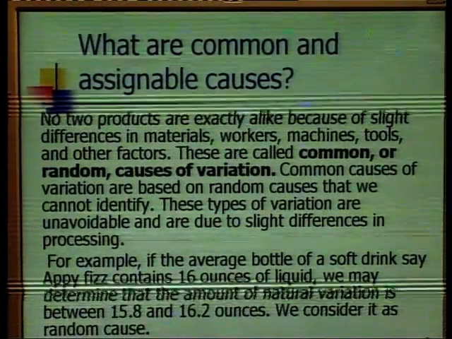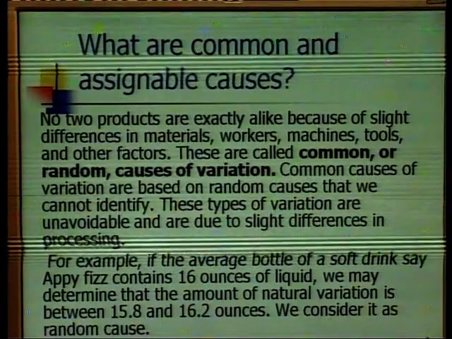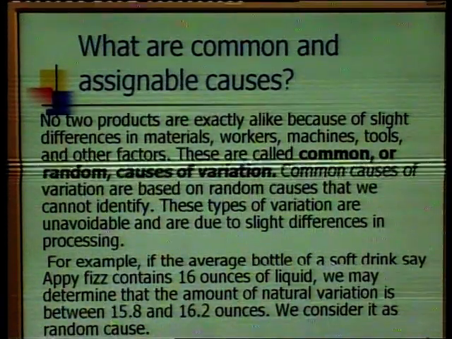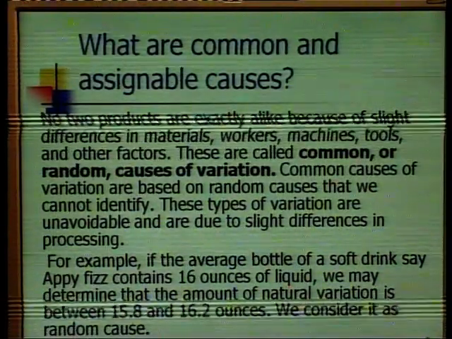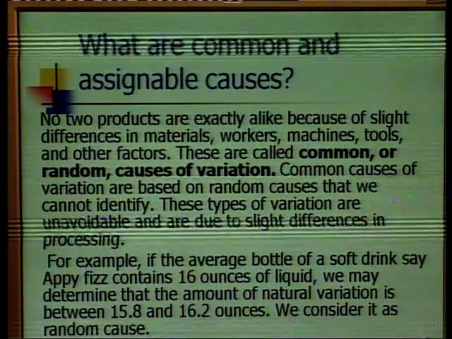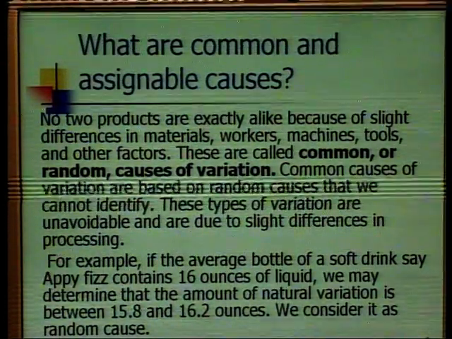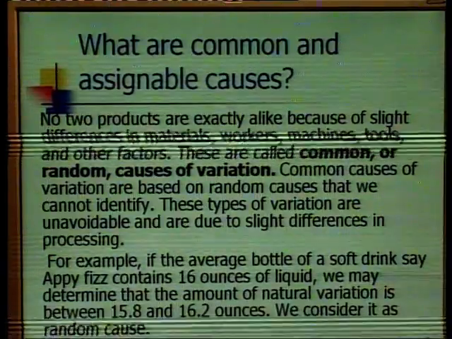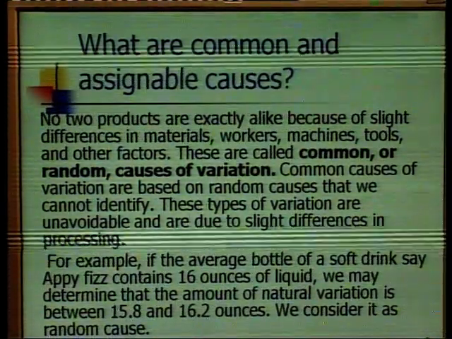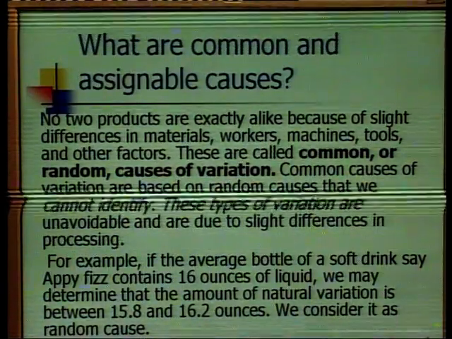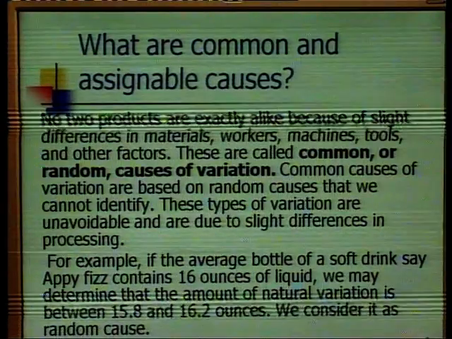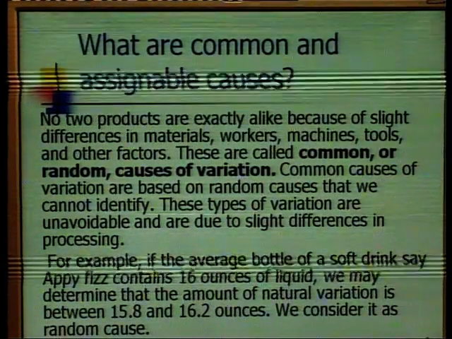There will be a slight difference between the two, and the reason is that either the material is different, or there is a difference in the workers manufacturing that product, and in the machine tools and machines we are using for manufacturing. That is why all these causes are called common causes. We can't neglect them because these are random.